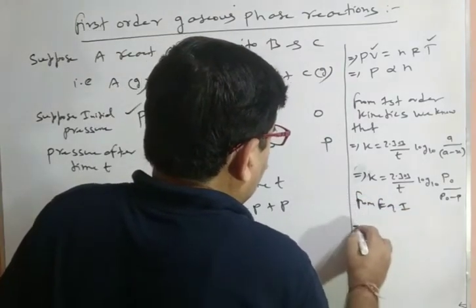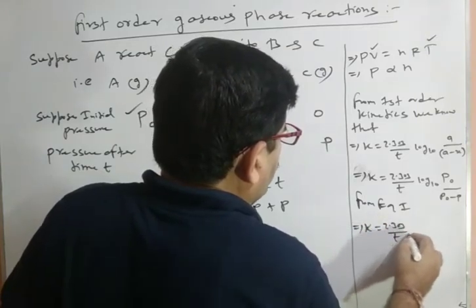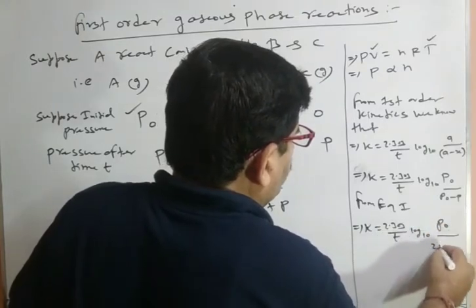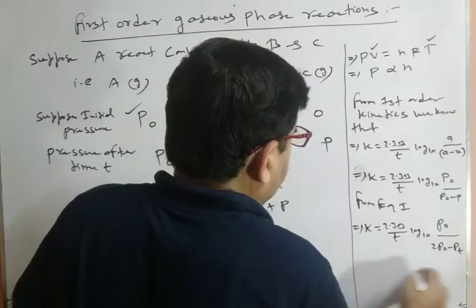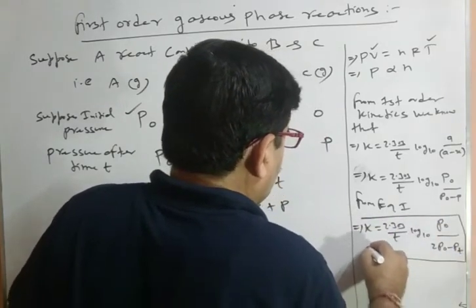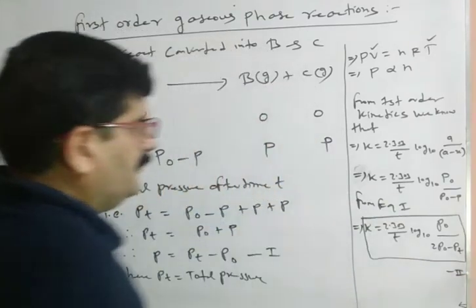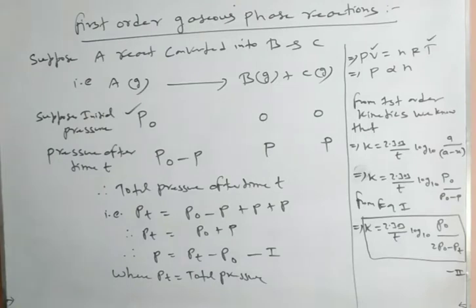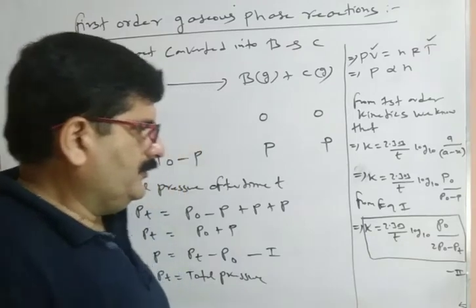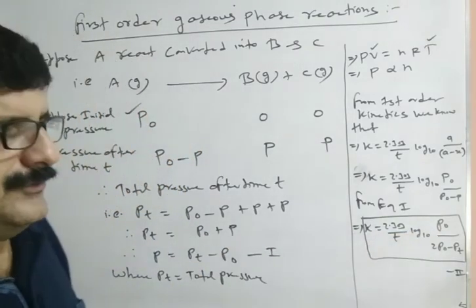From equation first, we can write what? k is equal to 2.303 by t log base 10 P naught by 2 P naught minus Pt. This is equation number 2. Putting the value of P from equation first, we get k is equal to 2.303 by t log base 10 P naught divided by 2 P naught minus Pt.